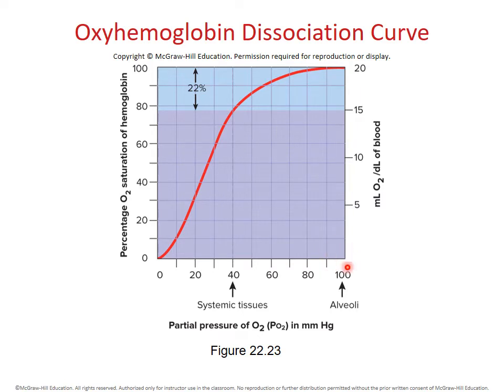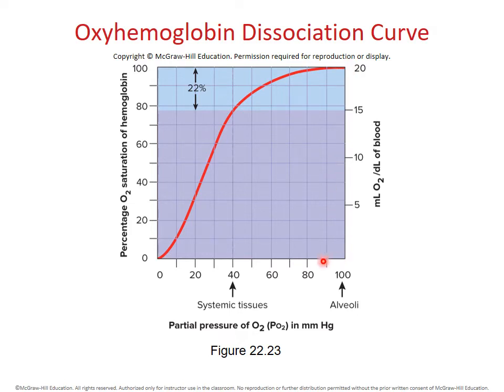And so in these conditions, up near 100 by the alveolus, what do we notice? The percent saturation for the hemoglobin is about 100%. So if things are working normally, about 100% of the hemoglobin that comes out of the lungs in oxygenated blood should be fully saturated with oxygen.